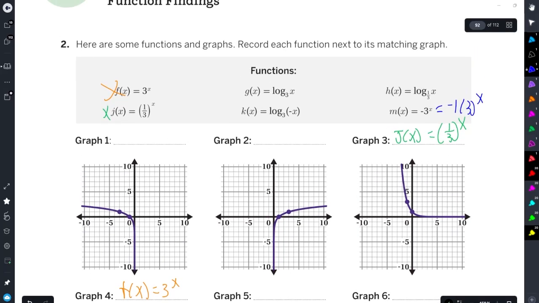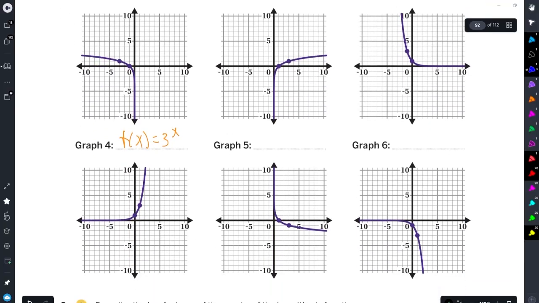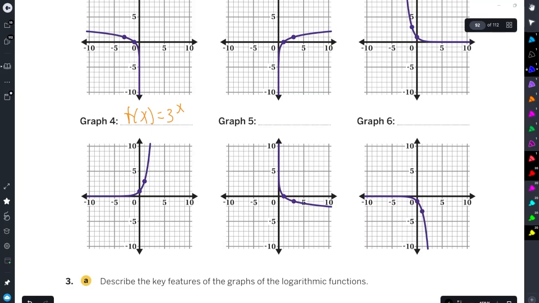If I wanted (-3) to the x power, it would be written like this, with parentheses around the -3. But that's not what we have here. So the only other exponential function we have is graph 6, which is a reflection of graph 4 over the x-axis, which should make sense because we know if we have a negative in front, that is a reflection over the x-axis.